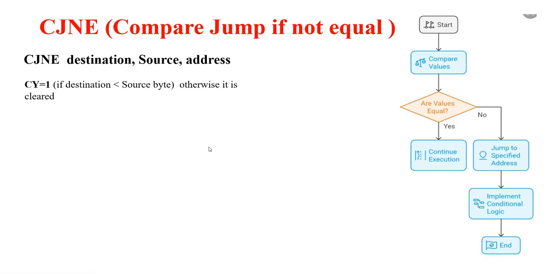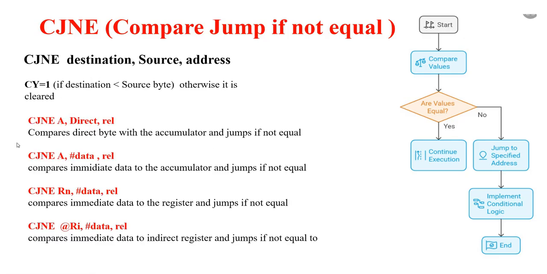and you have to implement the conditional logic. So here you may have any one form of this instruction, that is CJNE A, direct, relative address. That is, destination may be A, source may be direct byte.